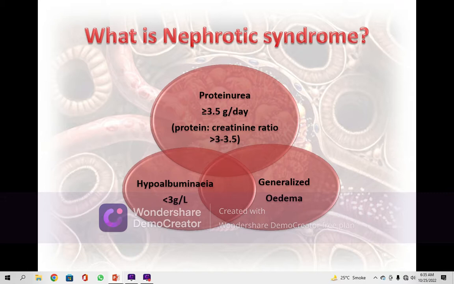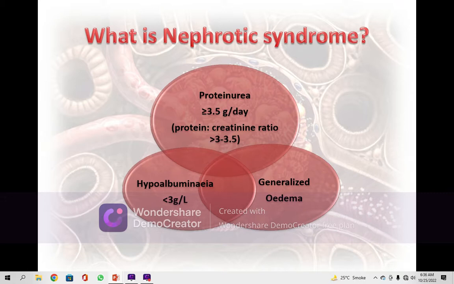Frank proteinuria is divided as follows: if it is less than 3.5 gram per 24 hours, it is subnephrotic proteinuria. After 3.5 gram per 24 hours, it is called massive proteinuria, and this is what is called nephrotic proteinuria.